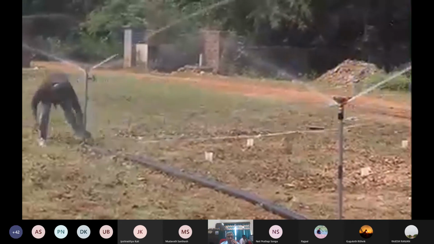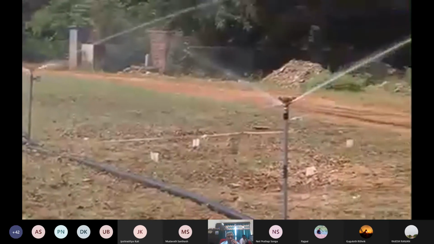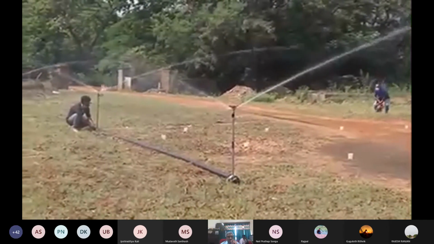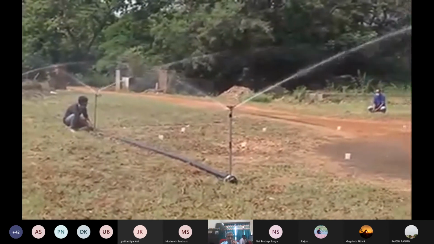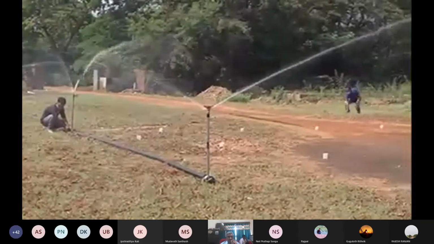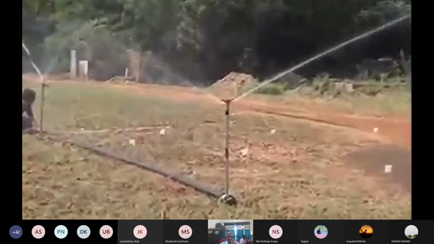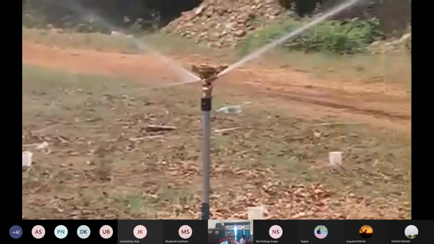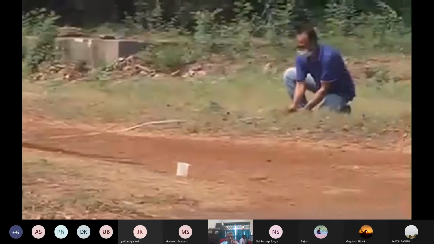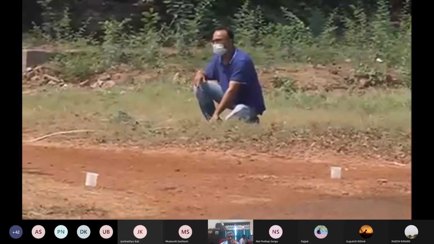Another observation you can see here is the diameter of coverage. This is the radius being measured, that is, the wetting radius from the sprinkler nozzle when it is operating at 1 kg per square centimeter.